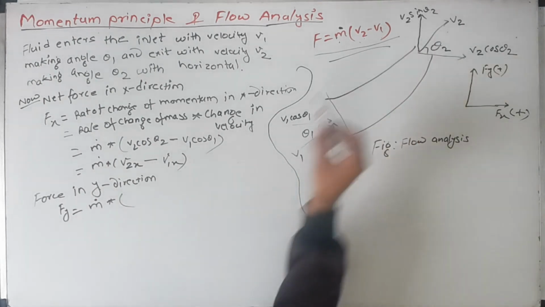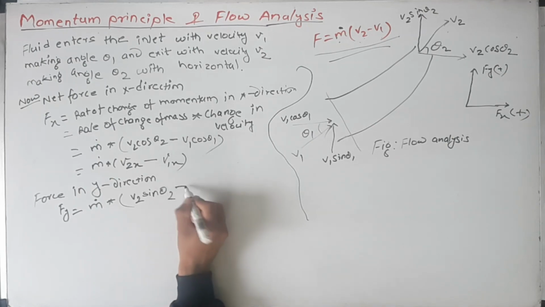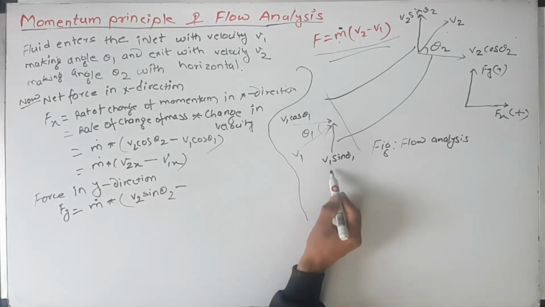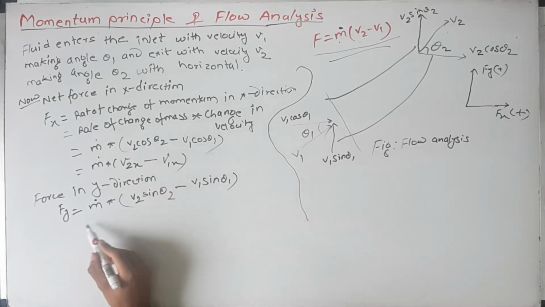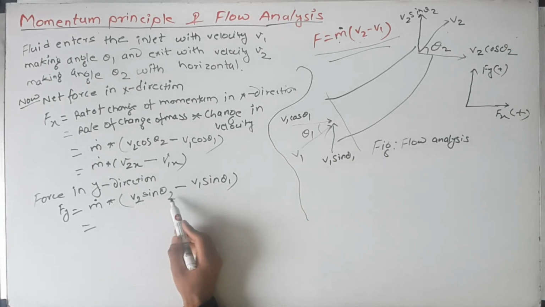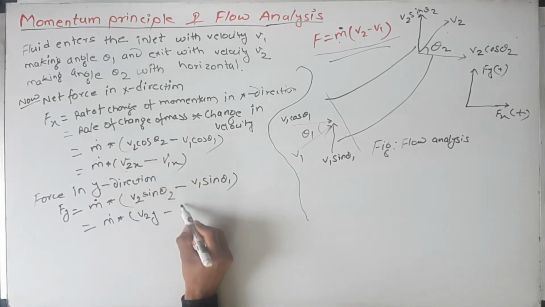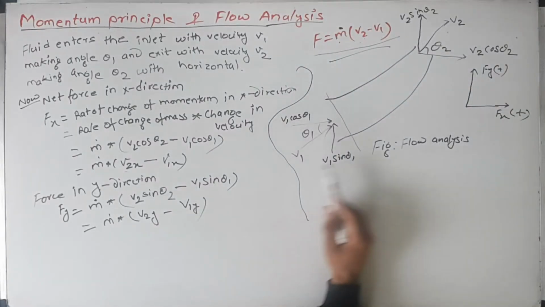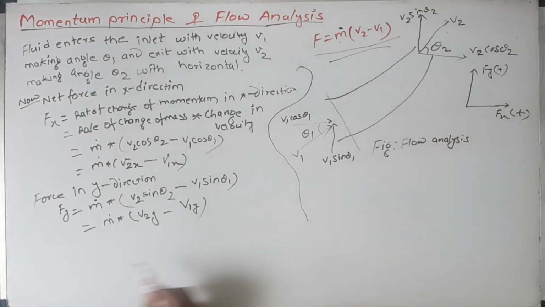Finally, we have v2 sin theta2 in upward direction positive, minus initial velocity v1 sin theta1. This is equal to, in place of v2 sin theta2 we can write v2y, and this is v1y. We found the net force in x direction and net force in y direction.